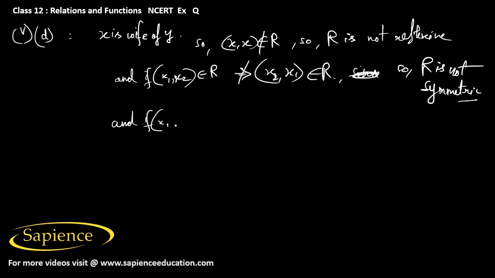If x1 comma x2 belongs to the relation R, it means that x1 is the wife of x2.